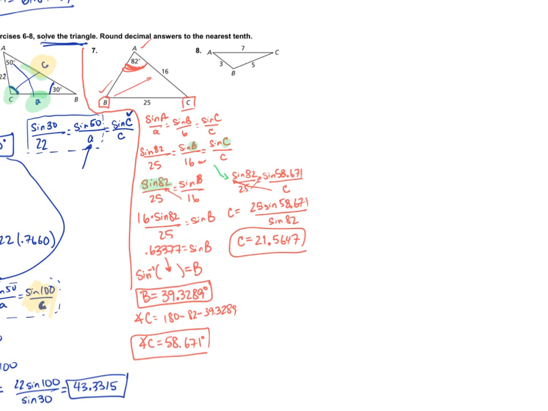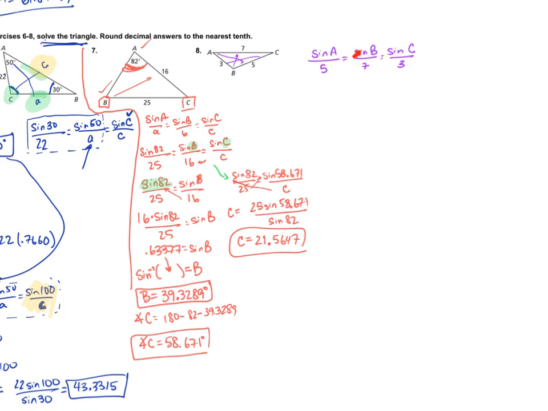So I set this up. I've got the sine of A over its opposite side, little a, which is 5. The sine of B over little b, the opposite side, 7, which is now equal to these 3 equivalent ratios, the sine of C over 3, and that's the opposite side from C. If I take a look at these 2 ratios right here, I have 2 variables, A and B. Can't solve it.